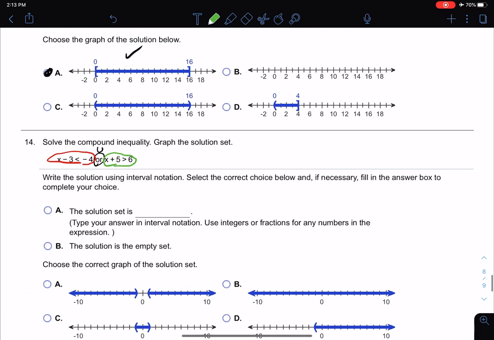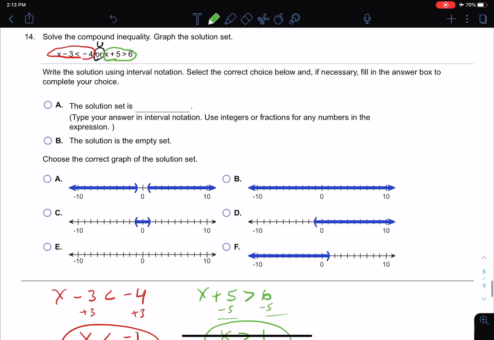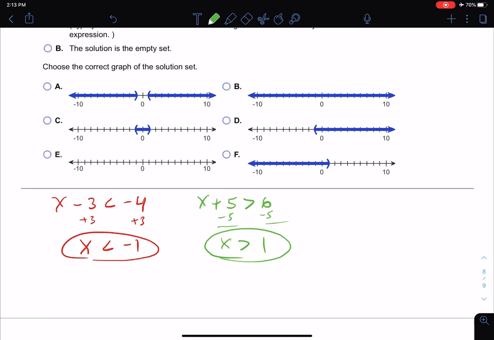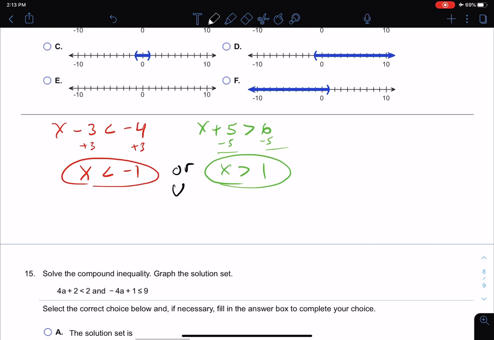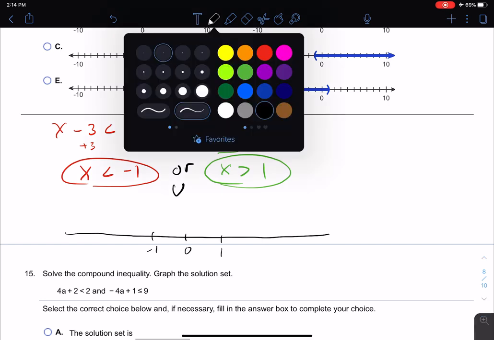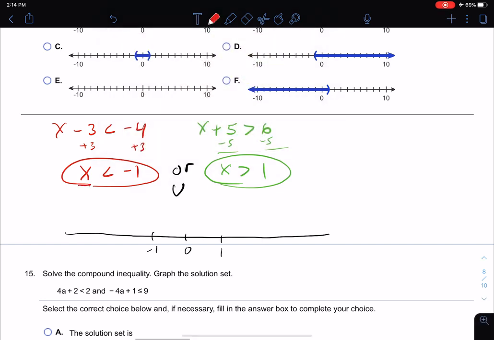Now remember, the connective word is OR, and the symbol is union. So that means that both of those show up in my solution, right? If I took my time and said, there's 0, there's negative 1, there's positive 1, I did my stuff in red, shade the x's that are less than negative 1, not equal, so it's open like that.